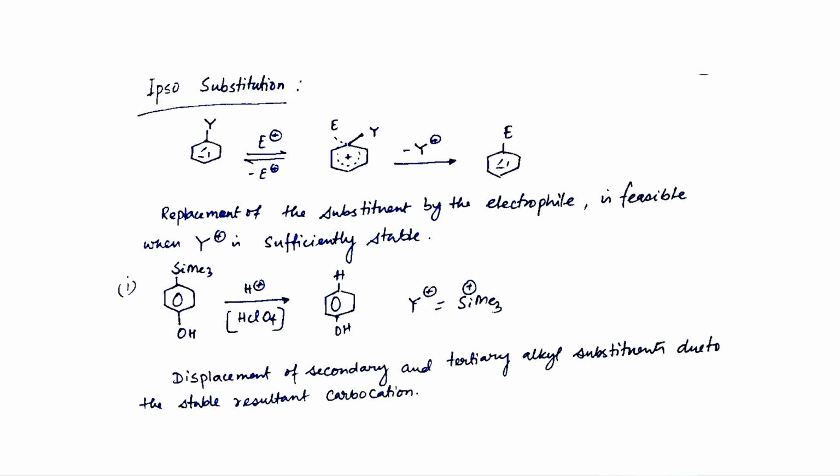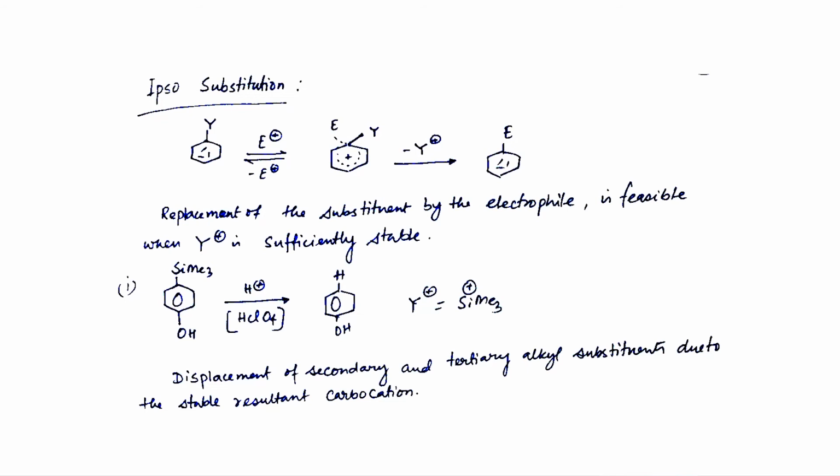But we have not discussed before what will be the fate of this Y. So in some electrophilic substitution cases, it has been observed that this Y could also be substituted by other electrophiles. So you take this Y and then you have this electrophile, and this electrophile connects to the same center and replaces the Y with an E.